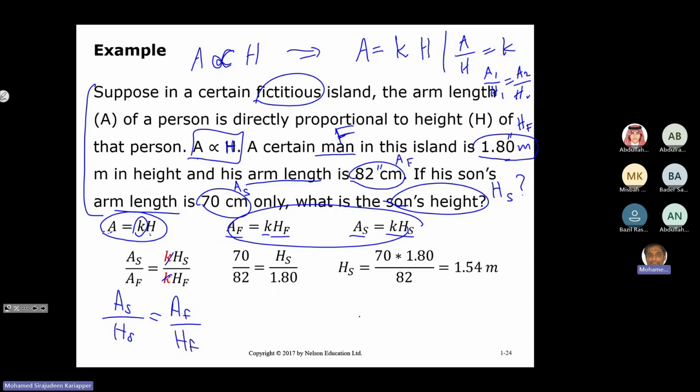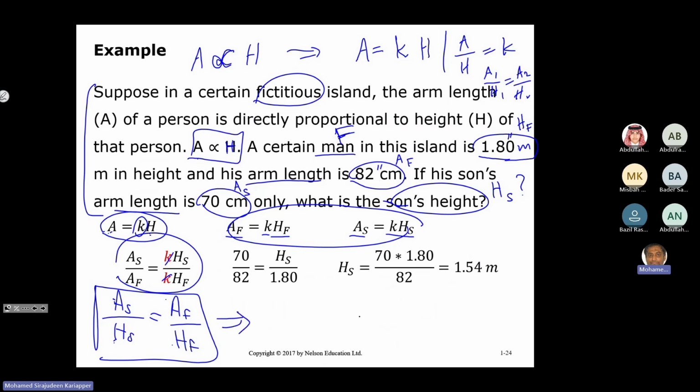And of course you can put it like this as well, it doesn't really matter. When A over H is a constant, then AS over AF is equal to HS over HF as well. I would prefer doing it this way. So A over H ratio is a constant, so AS over HS is equal to AF over HF.